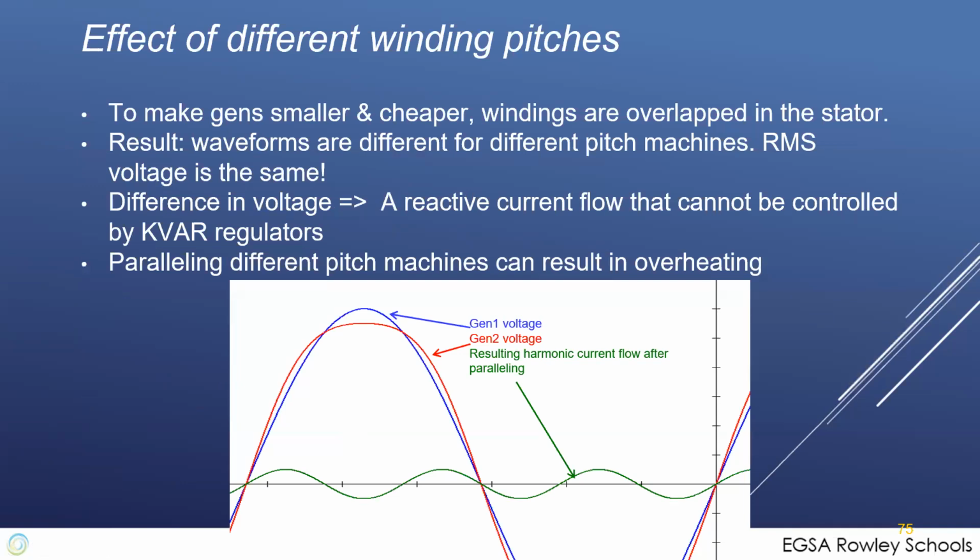Okay. Another consideration of generators is called winding pitch. And I go into exactly how and why this happens in the advanced class, but basically let's say that to make machines smaller, lighter, cheaper, manufacturers started overlapping A and C. Remember how we saw on the vector diagram, as the rotor went past, we saw one phase coming up as one phase was going down, as one phase peaked.